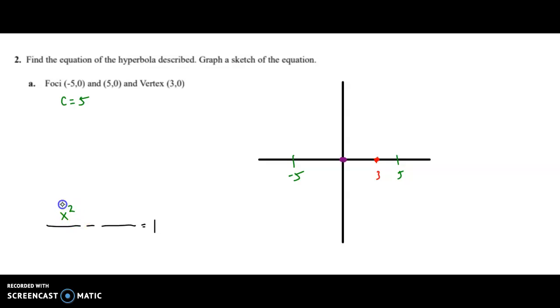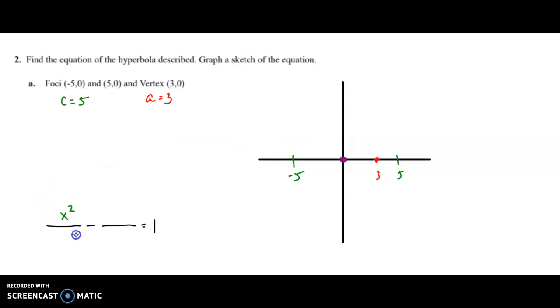Remember, whatever the first numerator is, that's the direction the hyperbola opens, okay? I've got a vertex of 3, all right? So that's the a value, okay? Remember, the a value is always the distance from the center to a vertex, okay?